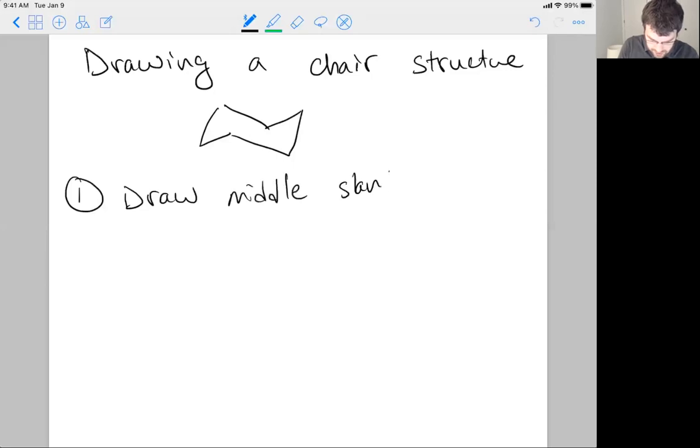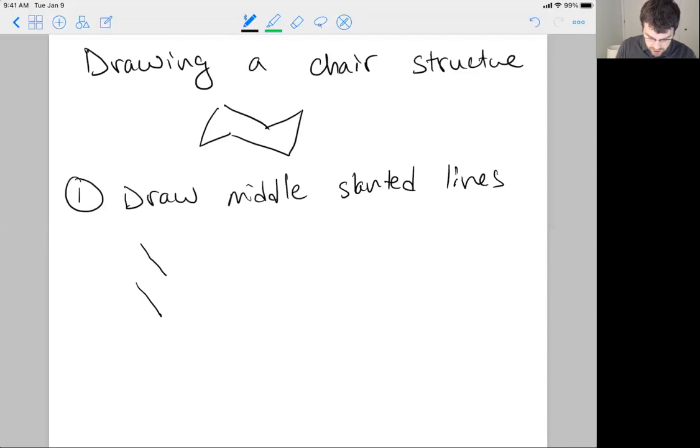slanted lines. Now, the trick with chair structures, and again, these things are accurate depictions of six-membered rings in nature, in the universe, but a nice trick about them is that they have slanted lines. And these slanted lines are parallel to another slanted line across the ring system.